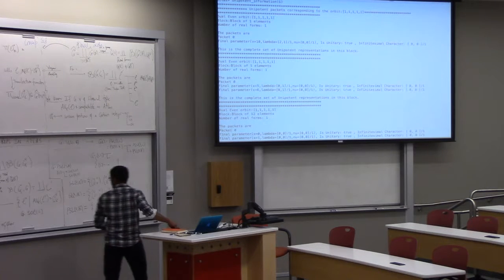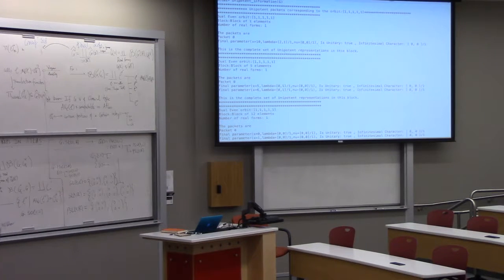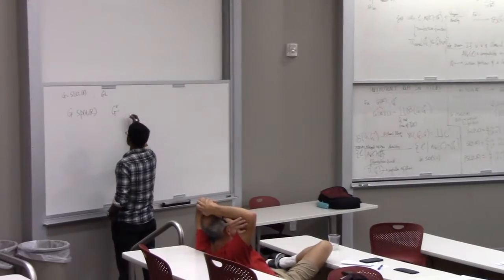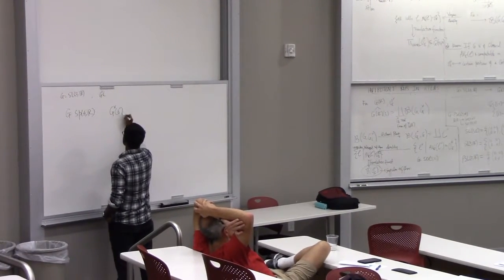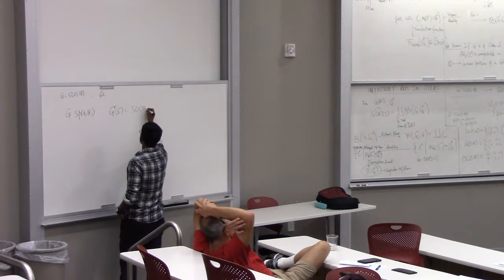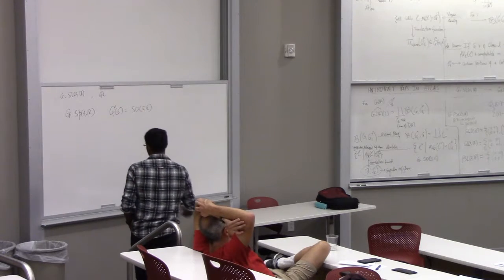Now G is equal to SP4R, which means G check is equal to SO5C, right?